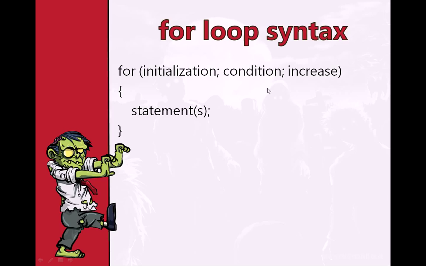Alright? So again, this is the initialization, this is my counter variable, this is the condition my loop is going to run on, and this is going to be whether I increment or decrement and by how much. Beautiful. For loops, great. It takes all the guesswork out of loops.